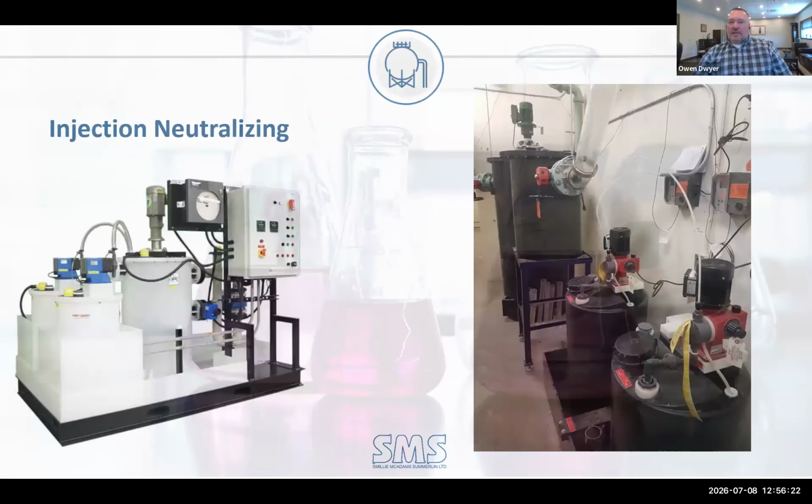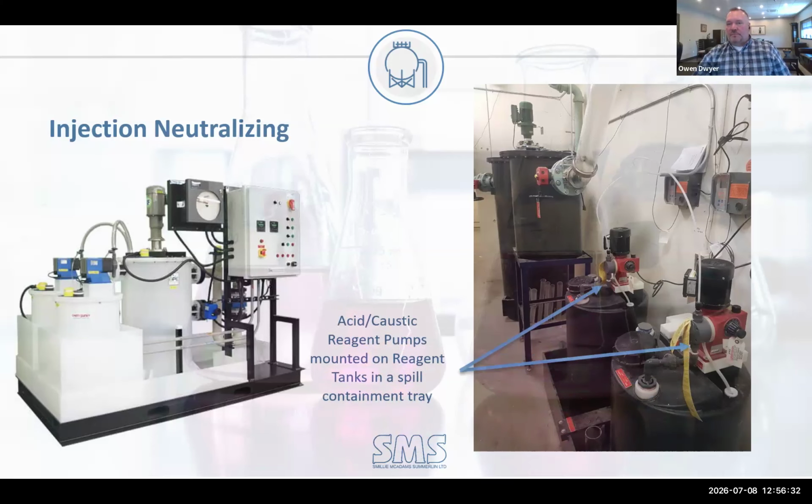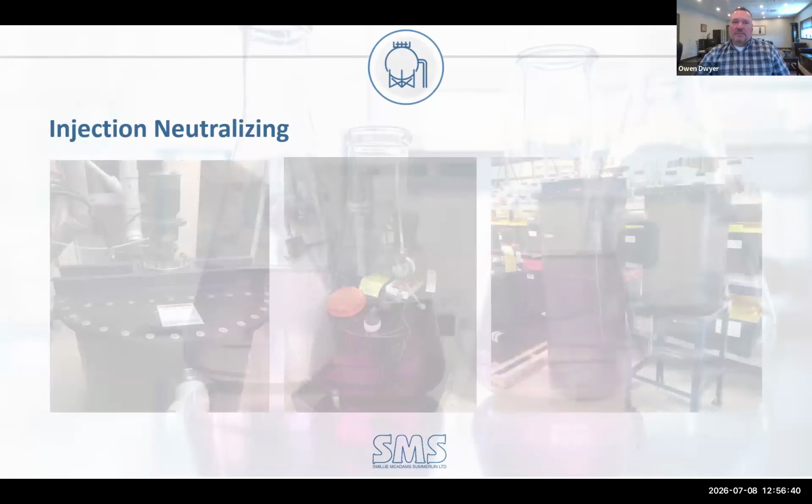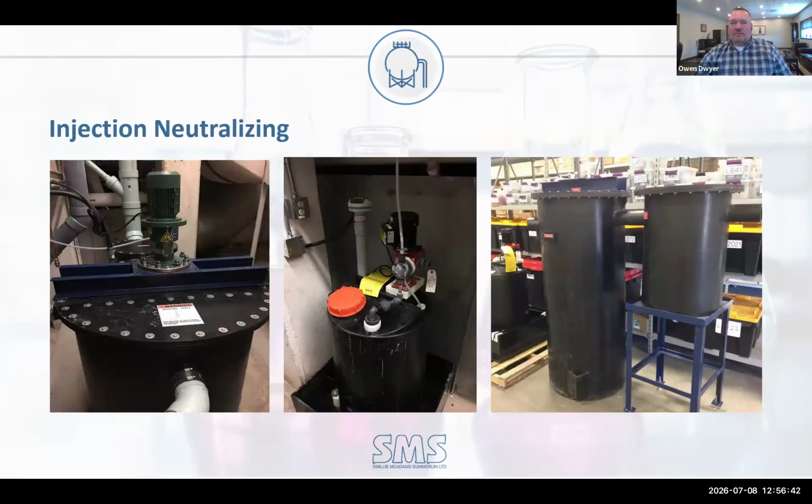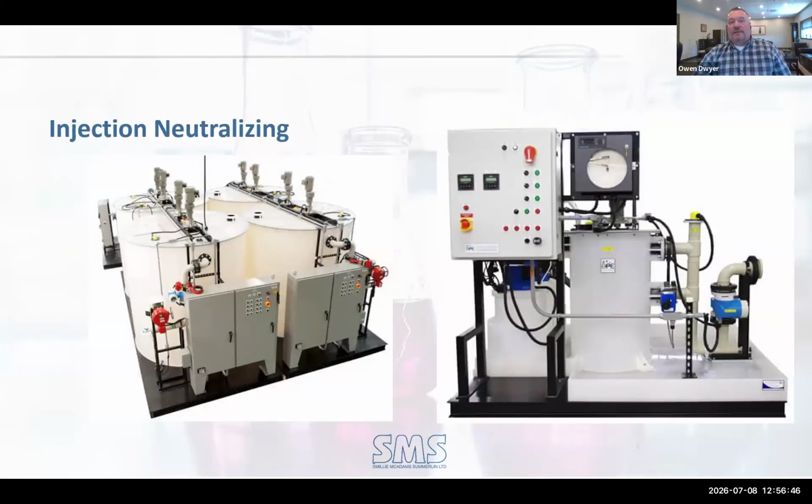So what do these systems look like? Sometimes you have the luxury of specifying a skid system that you just drop in, plug and play. On the right-hand side is what you'll see. All the components are the same. You have your dosing pumps, your reagents, whether it's a caustic reagent or an acid. You have your pH monitors that are doing the magic, telling the pumps what to do. And level sensors, again, interceptor stand.